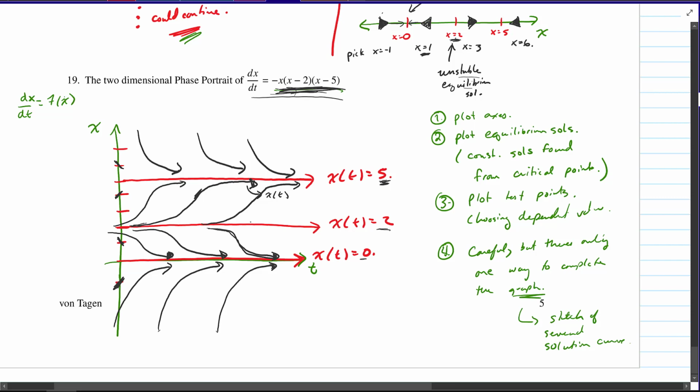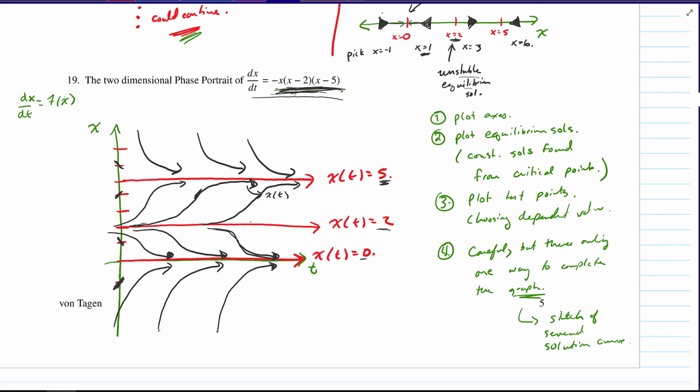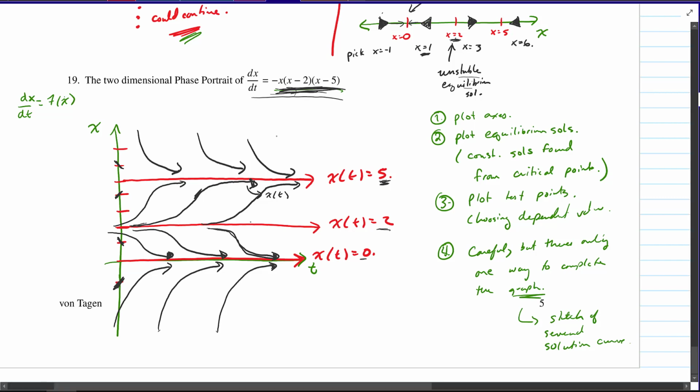But you know that if I give you, for example, let's just say I give you the initial value problem for the same equation, dx/dt equals negative x times (x minus 2) times (x minus 5), and let's say I tell you that x of 1 is equal to 3, you know how the solution curve behaves because you know the ordered pair 1 comma 3.